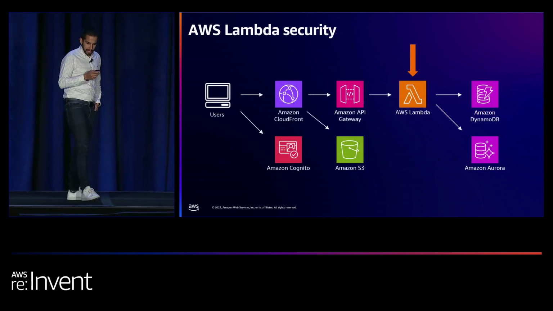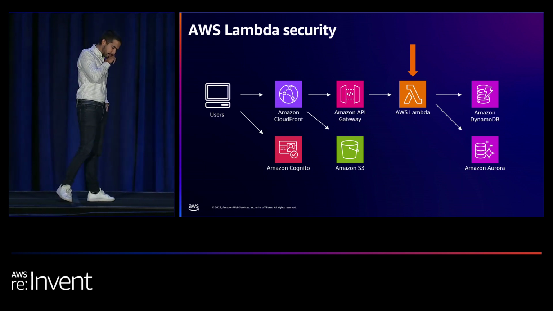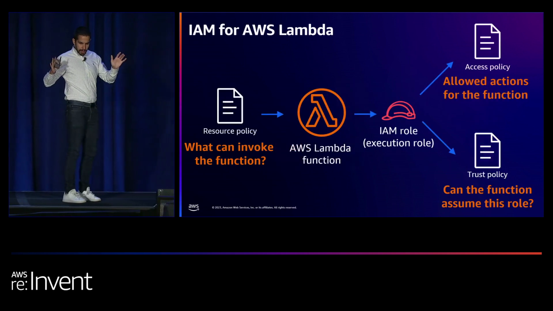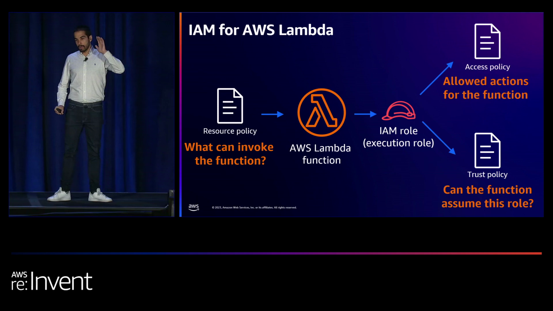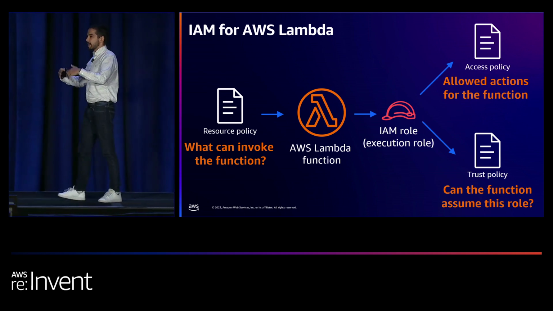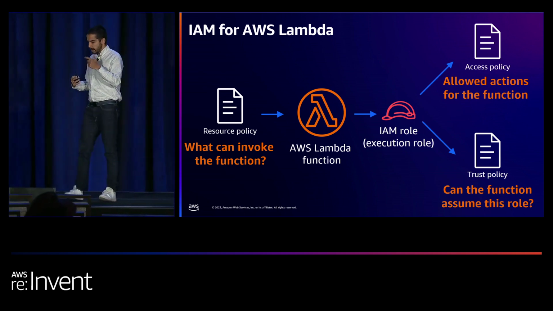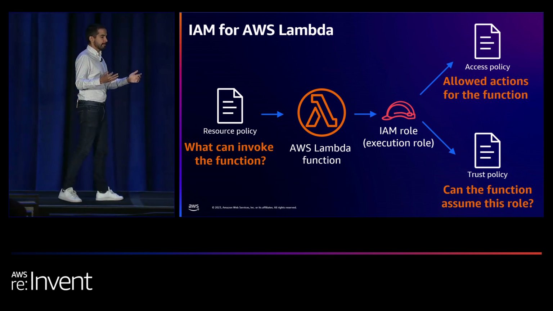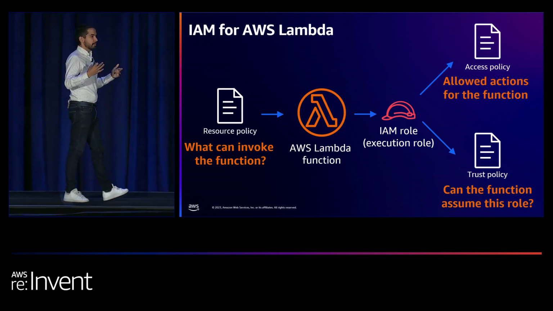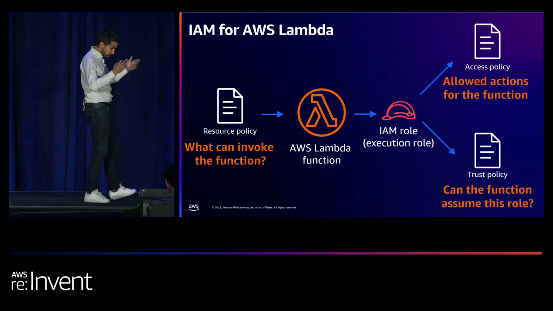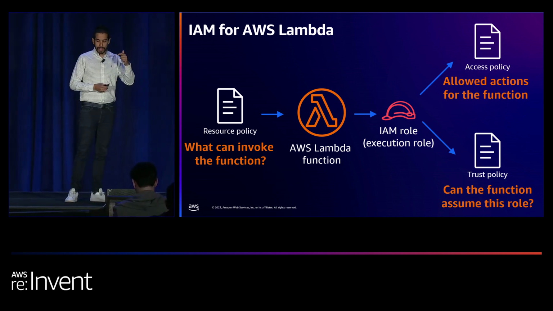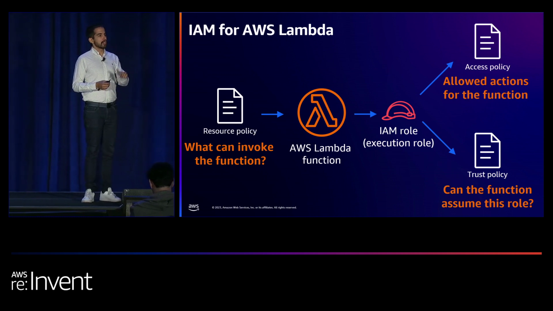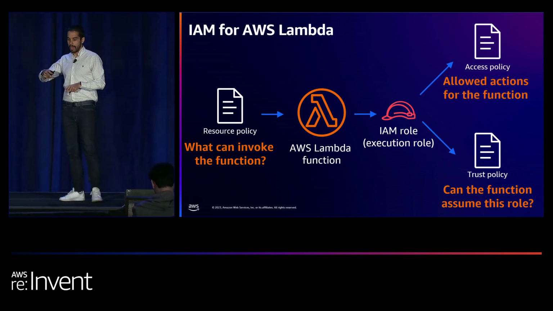Let's move on to Lambda. So the permissions in Lambda have two main sides. On one side is the resource policy for Lambda, similar to DynamoDB, similar to S3. They define who can interact with the Lambda. And so Lambda can be triggered by a few dozen different services. And so you define in this policy who can actually trigger Lambda.